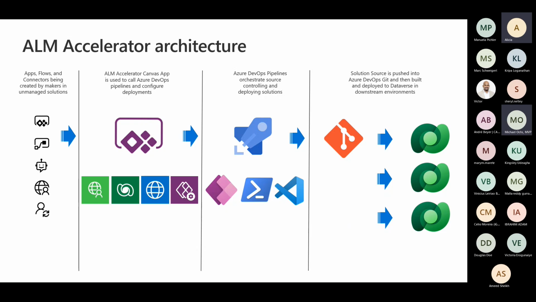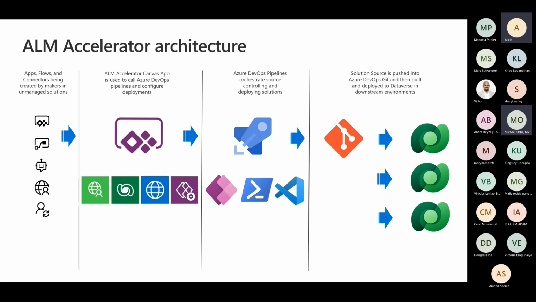Like I said, they will push your solution into Git. You'll make another gesture either over here in the second swim lane, or you'll make a gesture in this third swim lane, and you'll say, I'm ready to deploy. And the deployment is a solution. Everything has to be in a solution.